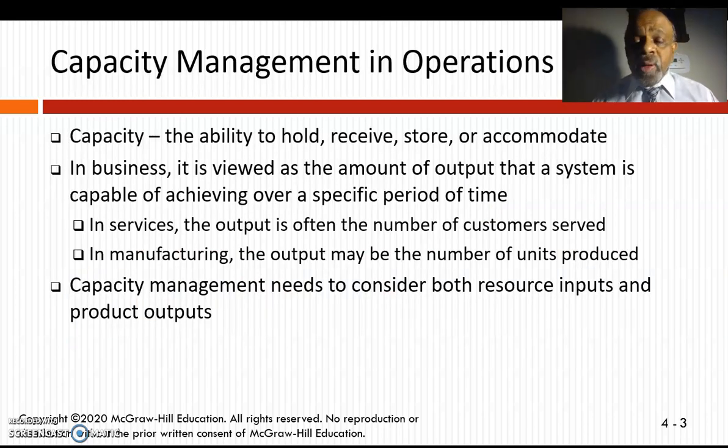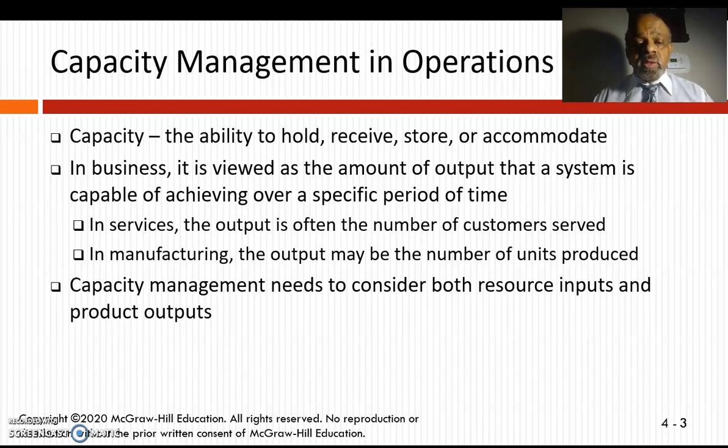Capacity is the ability for a company to hold, receive, store, and accommodate. What it basically means is that the company should be able to have enough resources to meet the demand, in a simple way.